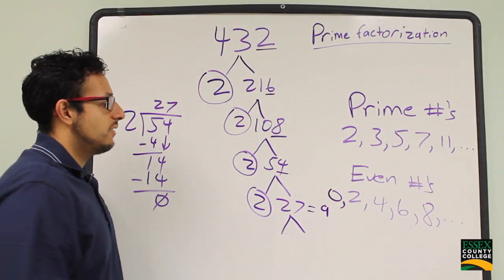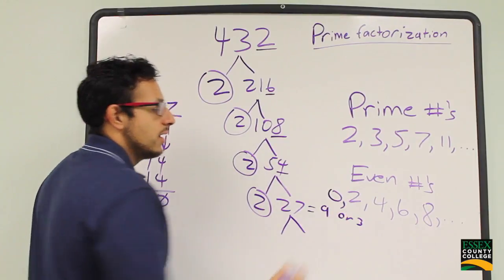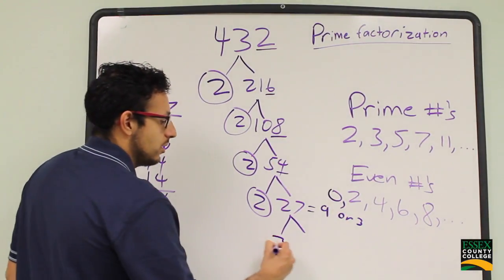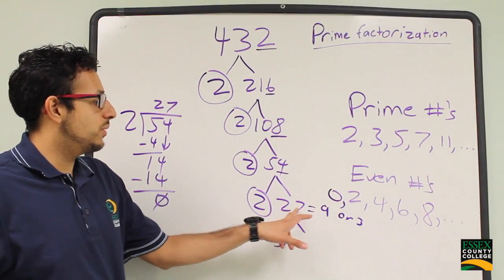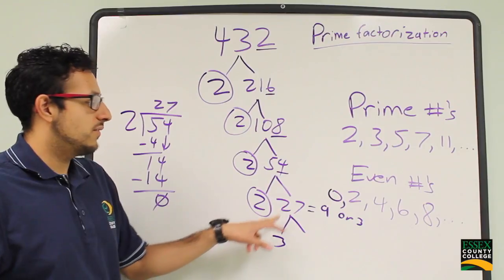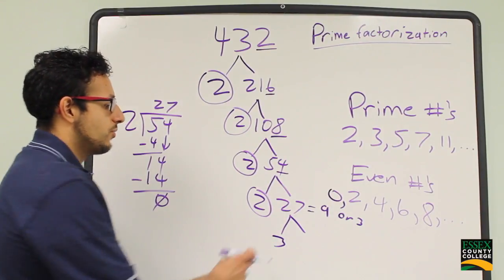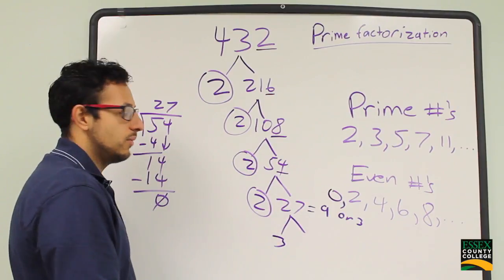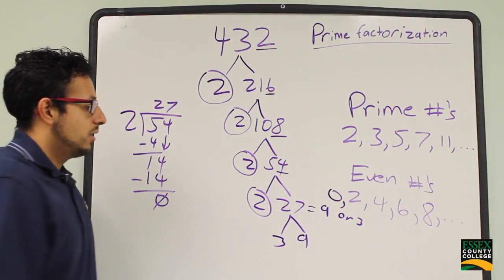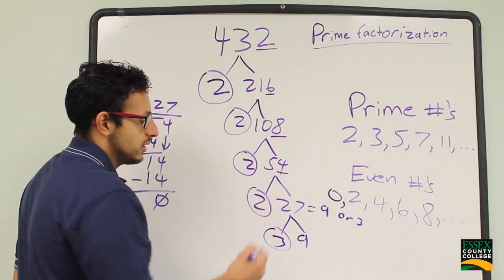If the digits add up to 9 or 3, the number is divisible by 3. So 3 is one of the factors. 3 times what gives you 27? We know 3 times 9 gives you 27. 3 is a prime number, so we can circle it.